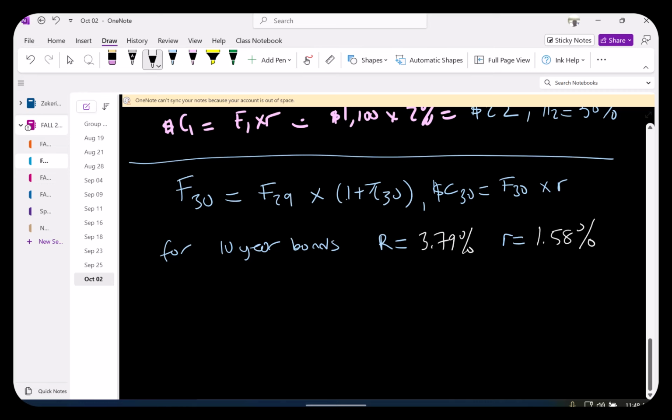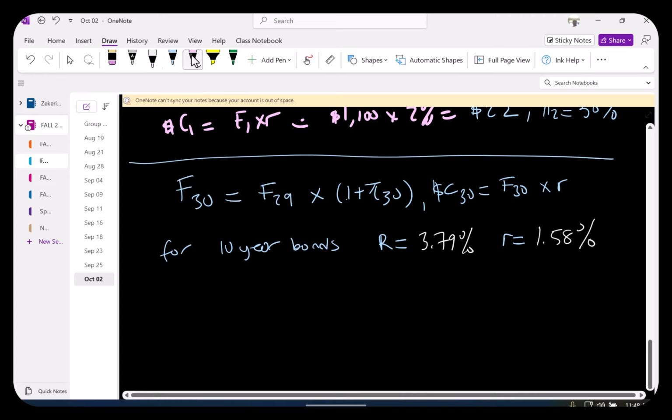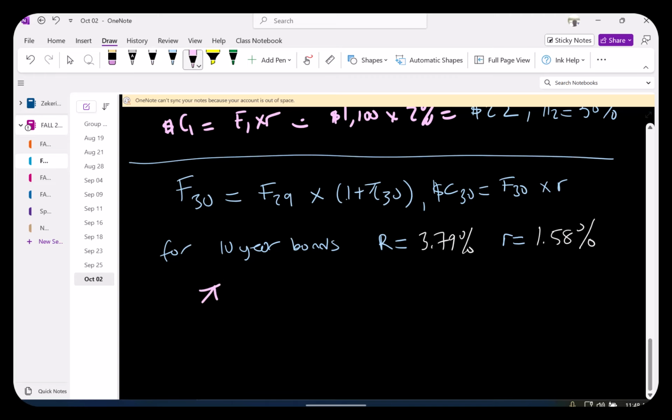Can we calculate the implied inflation? I'm going to call that pi star, implied or expected inflation, and I'm going to put that expected in scare quotes.